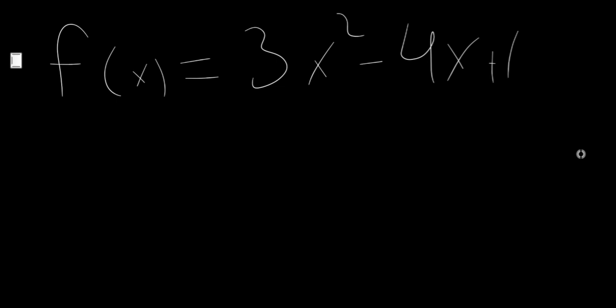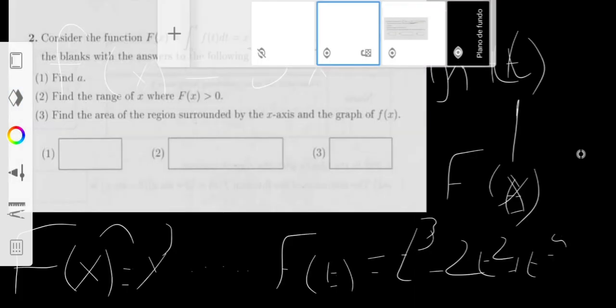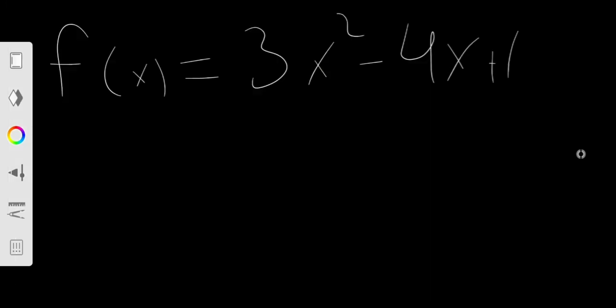So, what do we want? We want the area of this function between 0 and what did he tell us? Yeah, he wants the area between the 0 and the graph of f of x. So how is the graph of this function over here? Well, this is a second degree function, so we can draw it, right?